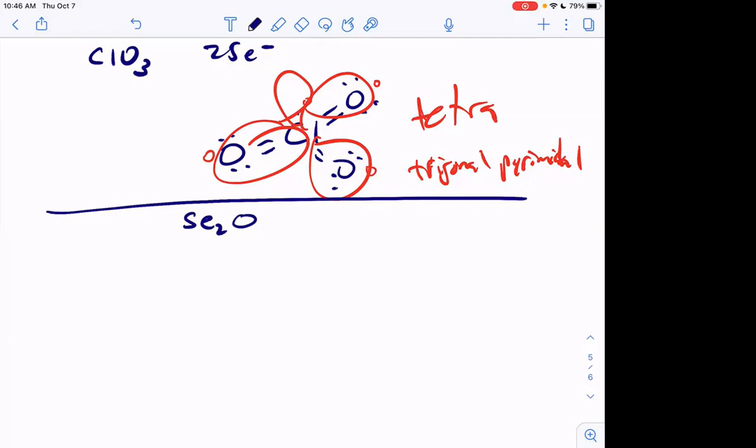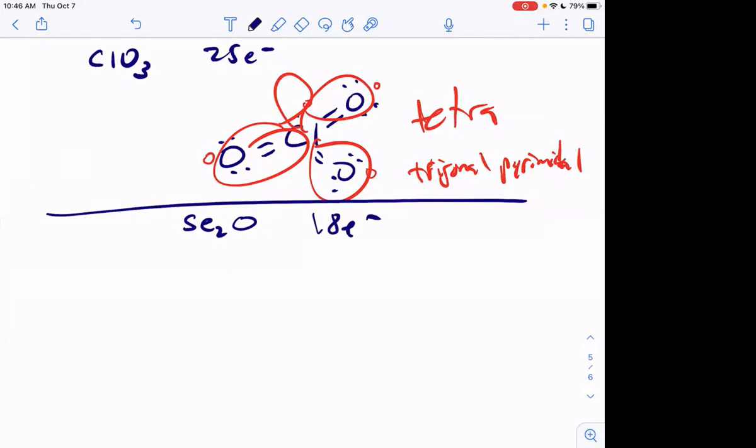See, a lot of you are putting oxygen as the central atom. 18 electrons, right?